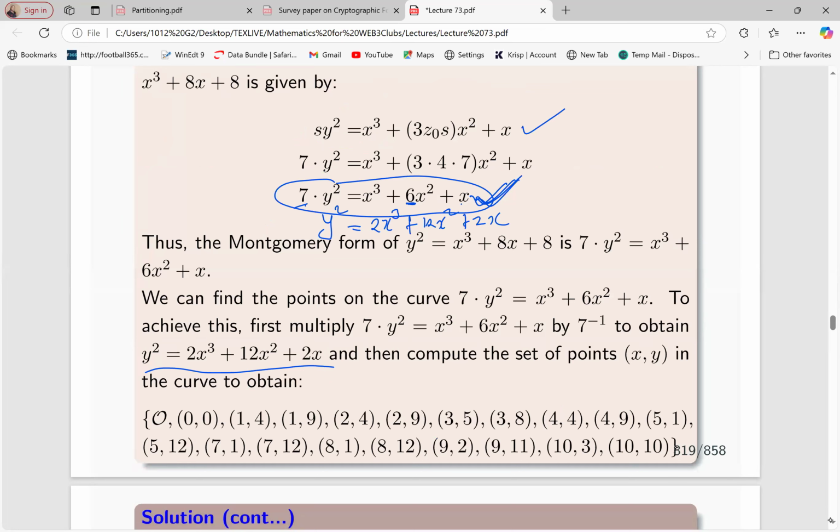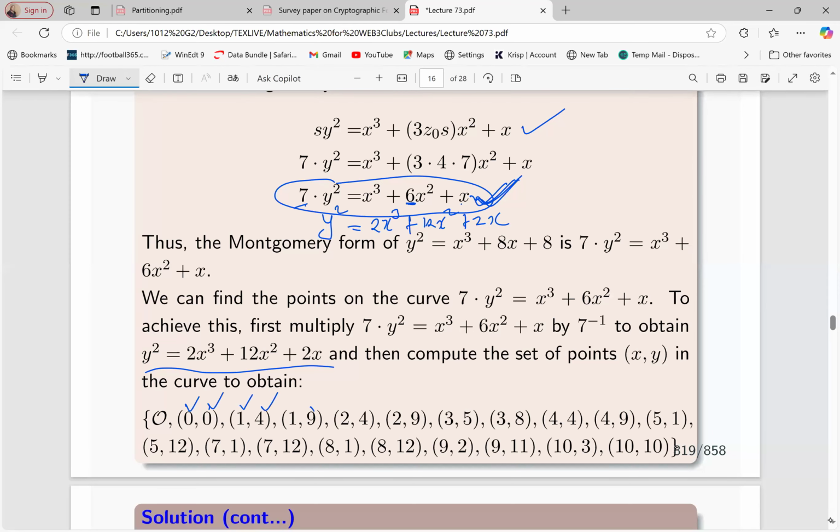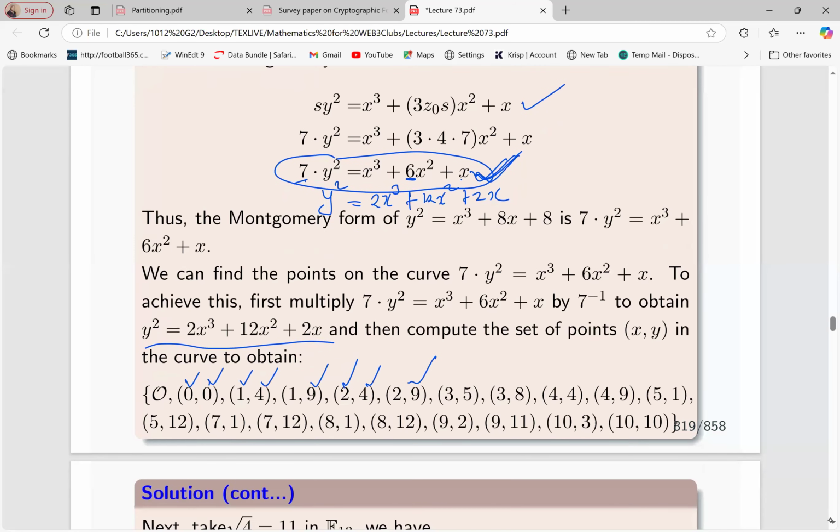And then you ask yourself, if x is 0, what's the corresponding y value? When x is 1, what is the corresponding y value? When x is 2, what's the corresponding y value? Of course, there are other values of x that will not give you corresponding y values. Like in this case, when x is 6, there is no corresponding y value.